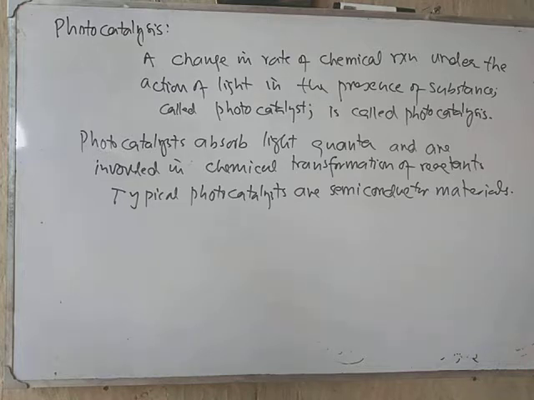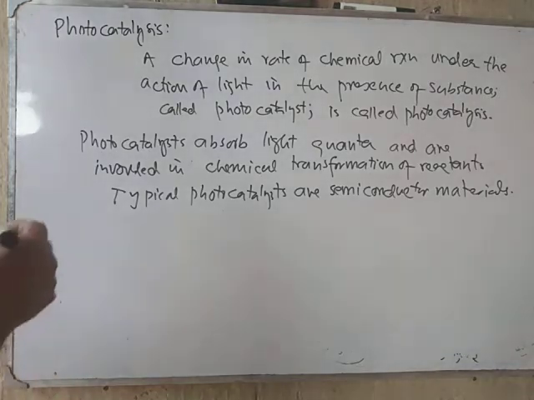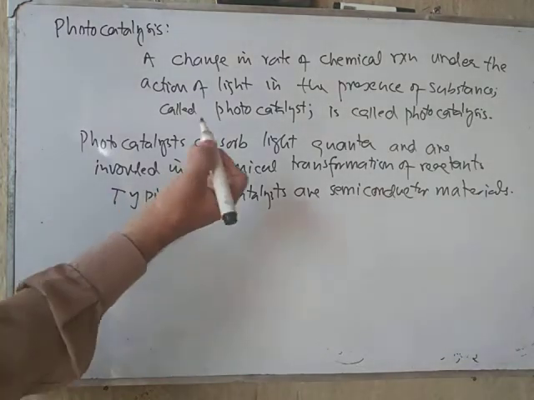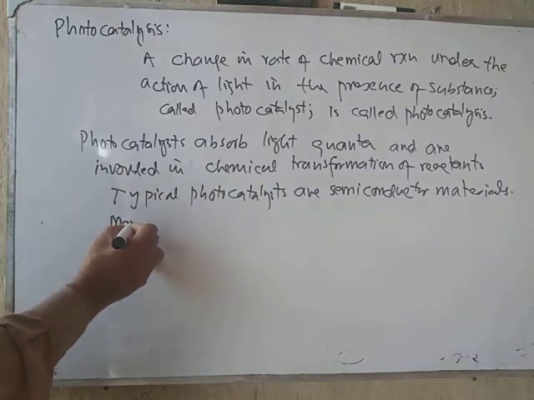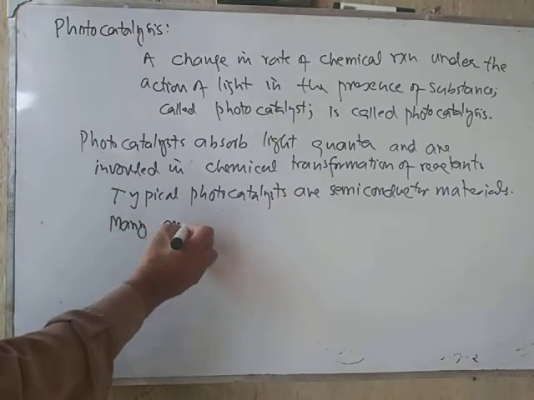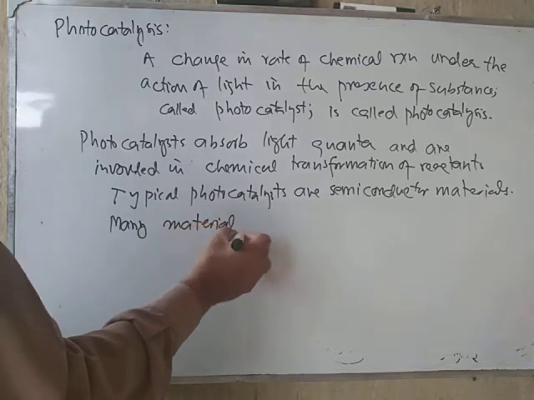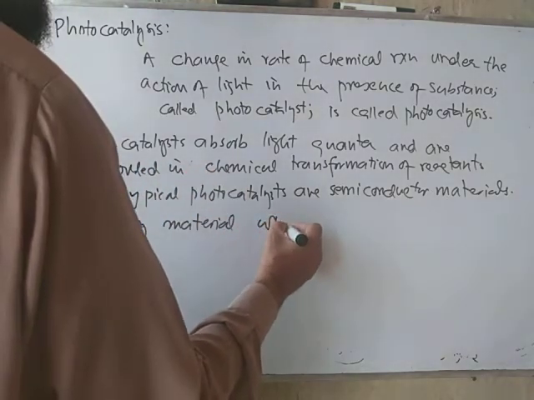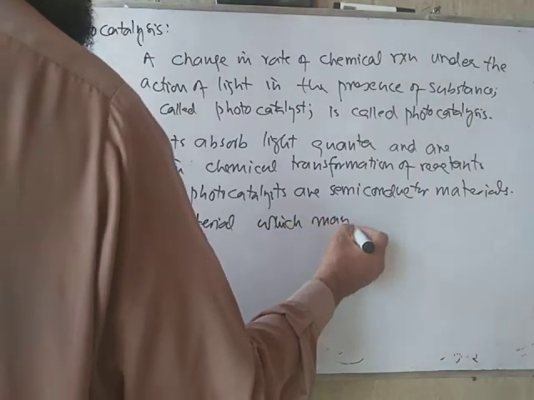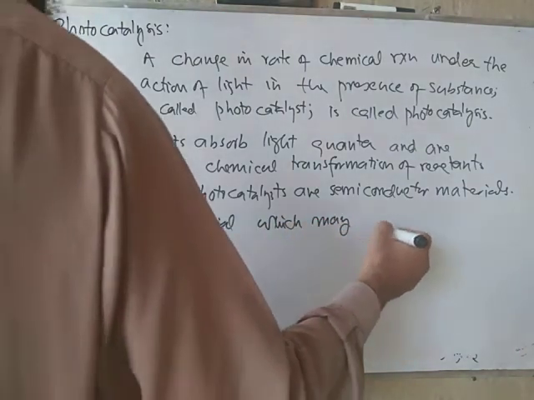There are many chemical compounds which may act as a photocatalyst. There are many, यानी semiconductor के अलावा और भी हैं, materials which may be used, may act as photocatalyst.